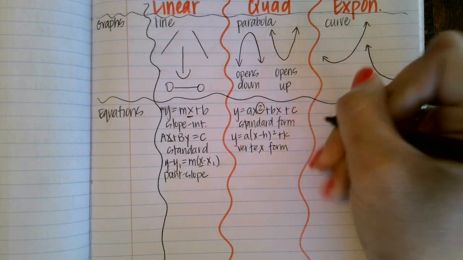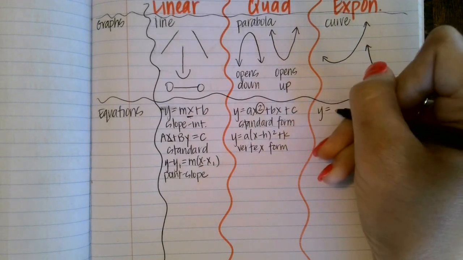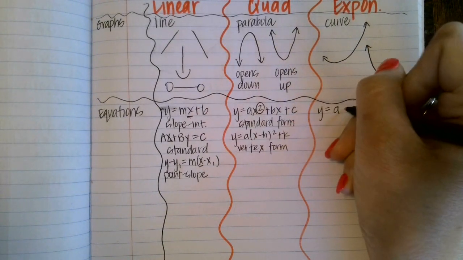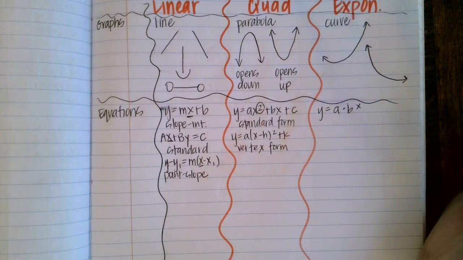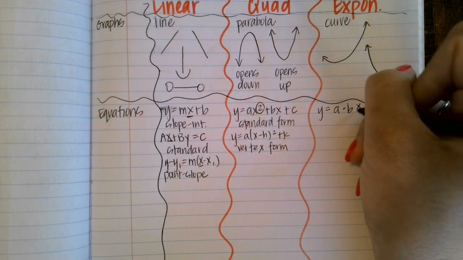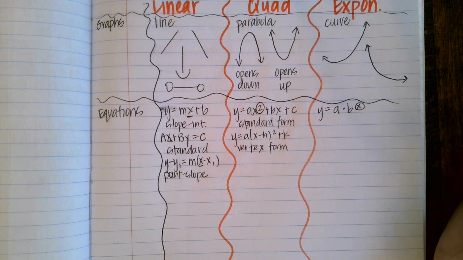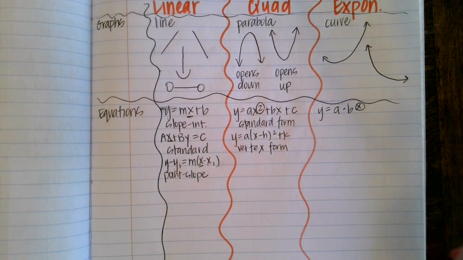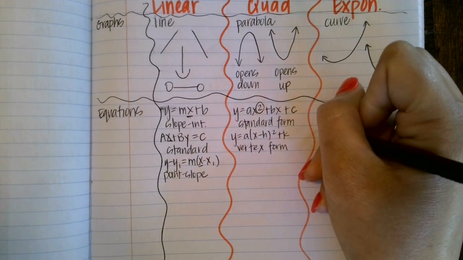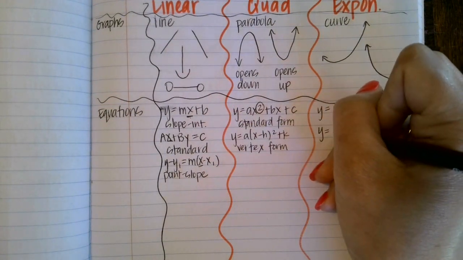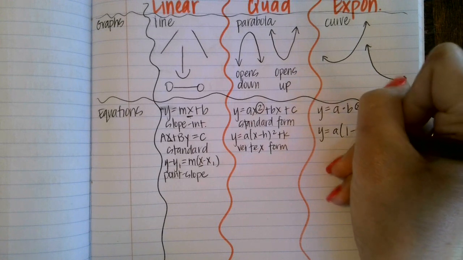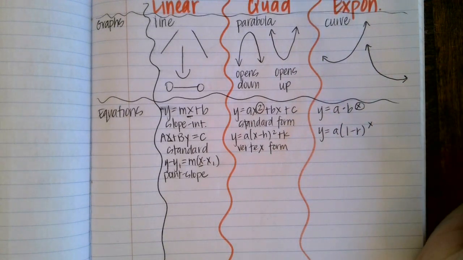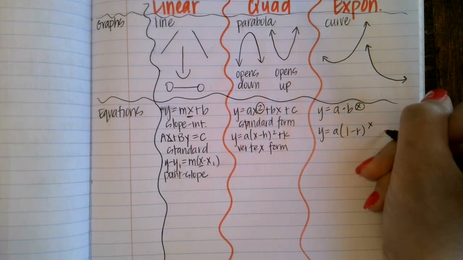And then your exponential equations, this is what we're going to start talking about a little bit more over the next couple of days. It's y equals a times b to the x. When x is in the exponent, that's when you have an exponential equation. Exponential sounds like the word exponent. Y equals a times (1 minus r) to the x is called exponential decay.